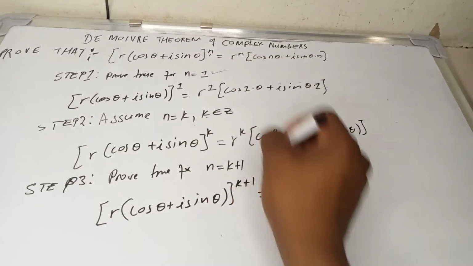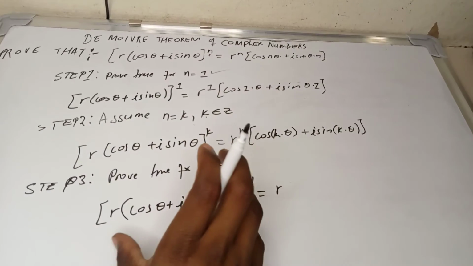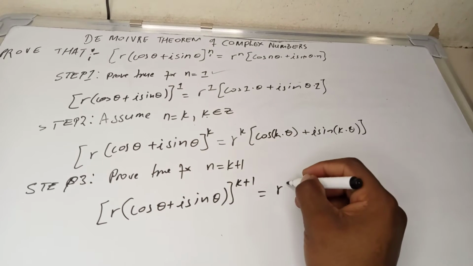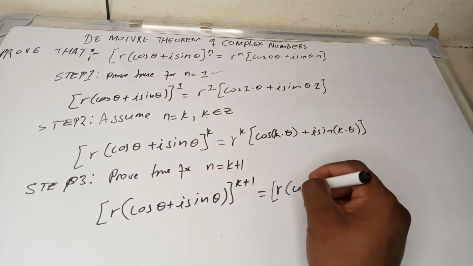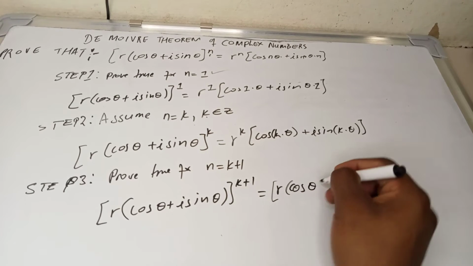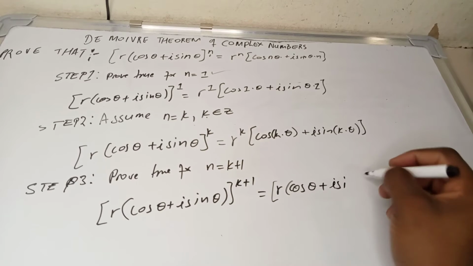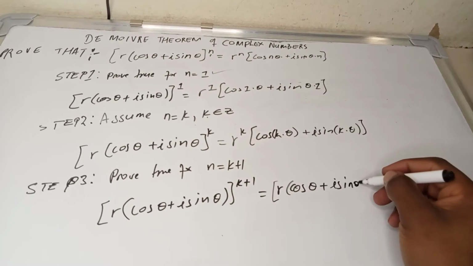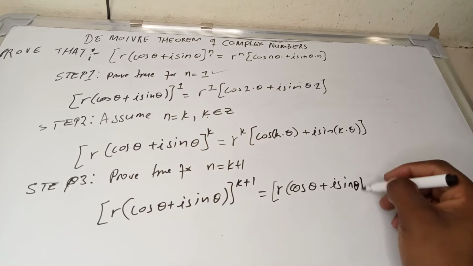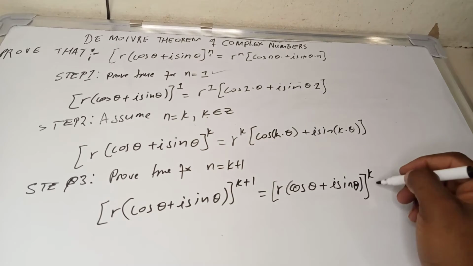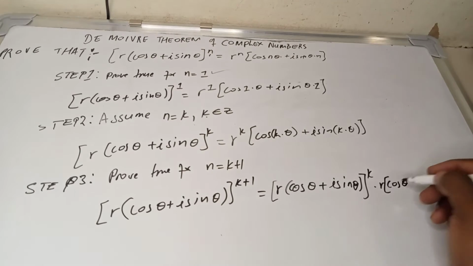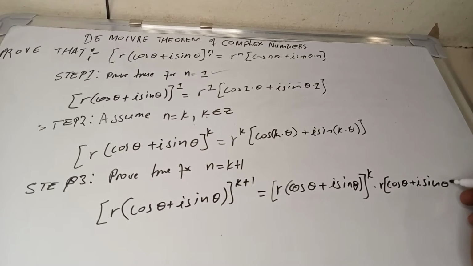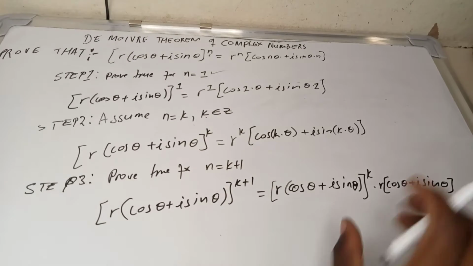Before coming to this, it was r cos theta plus i sin theta, close that, to the power of k, times r cos theta plus i sin theta.